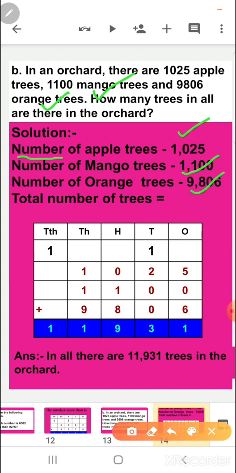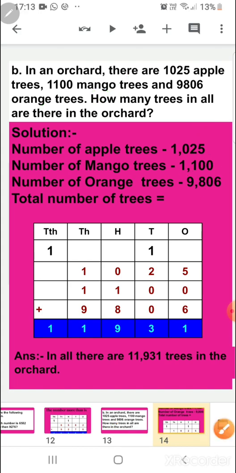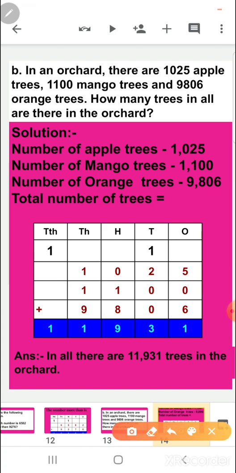Finally, what question they have asked, that we have to write, which is we have to find out total number of trees in the orchard. So total number of trees is equal to, what it will be, we have to add all the three trees or all the three numbers, right?